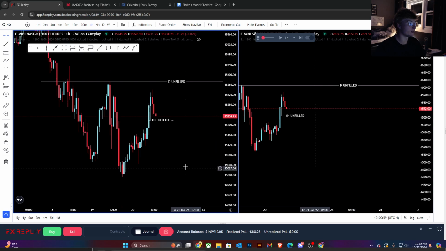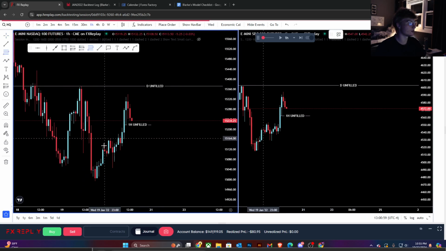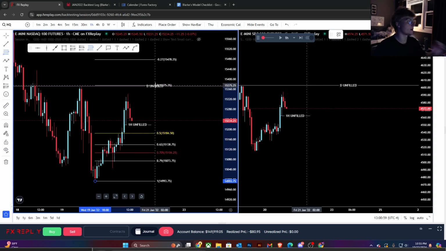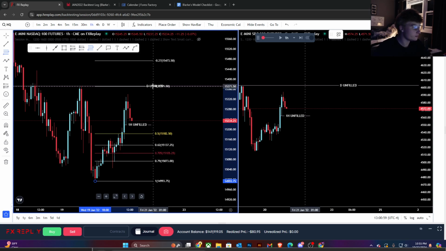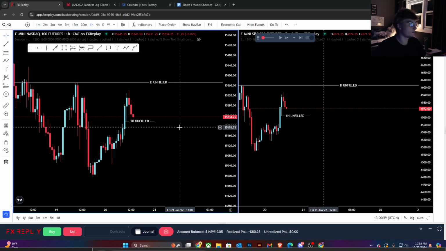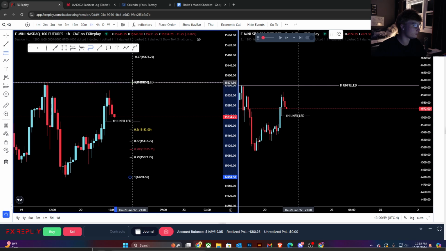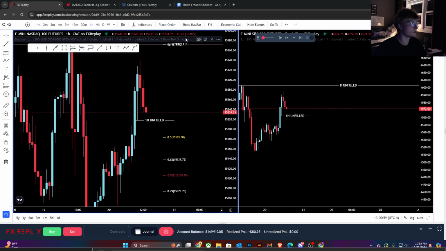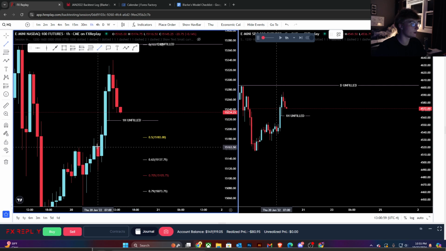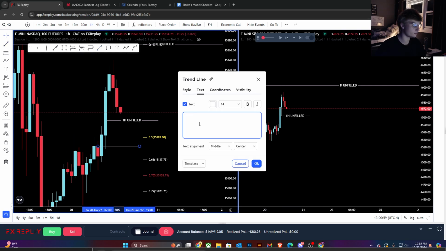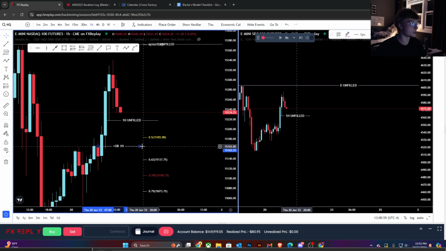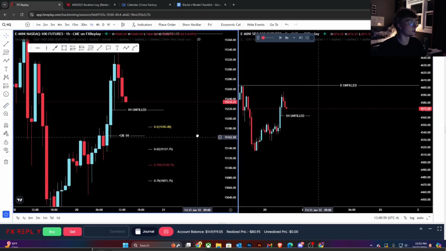so let me pull up my fib as well, see where we're at in the range. We are pretty high up in a premium, but yeah, we'll keep this in mind that we are pretty high up right now. Do have this hourly order block here. If we tap into that, into discount, longs would also be pretty good.